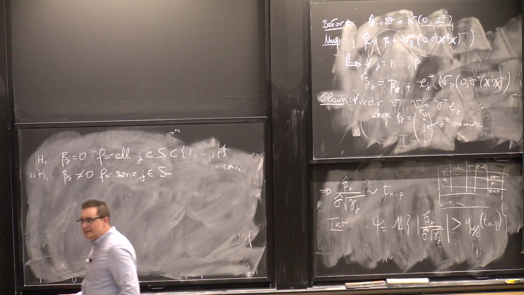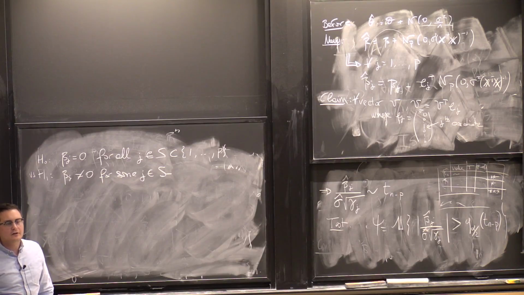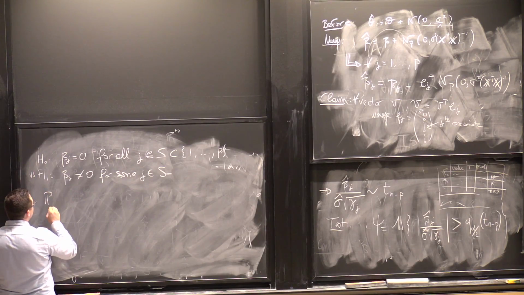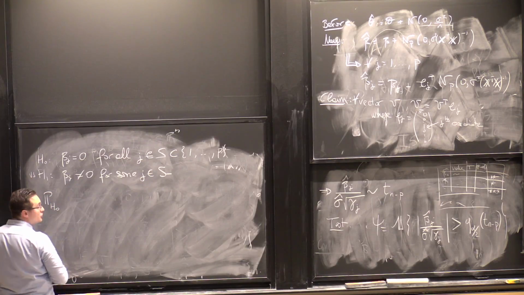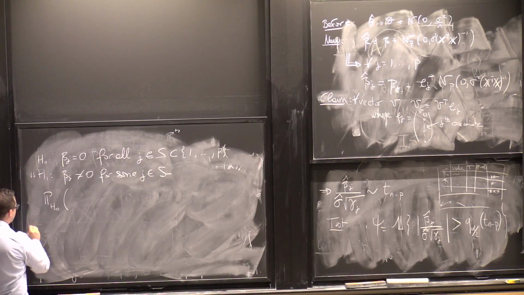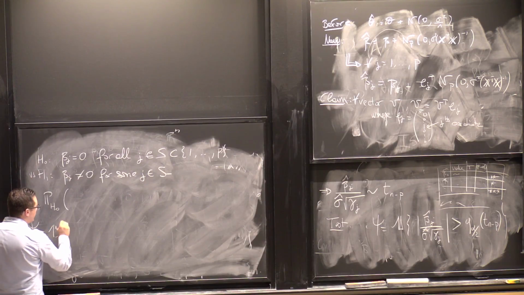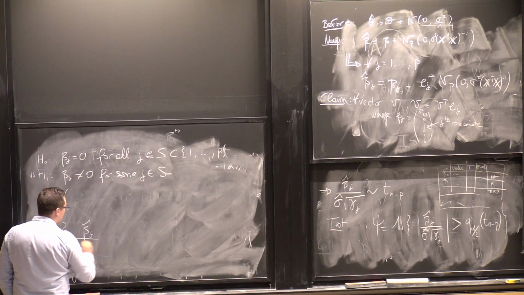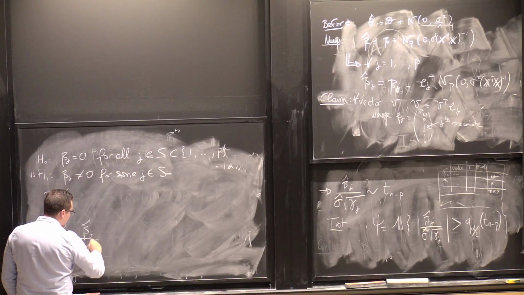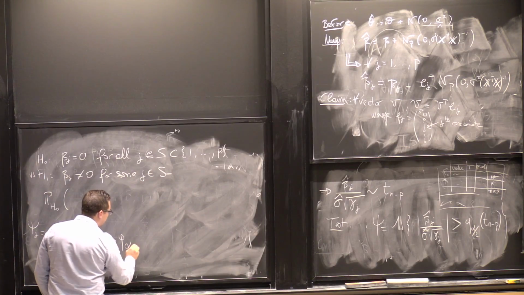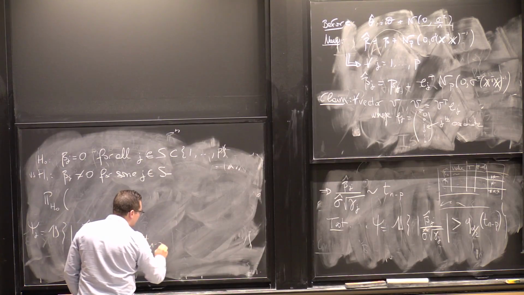So now let's look at what the probability of type 1 error looks like. So I want the probability of type 1 error. That's the probability, when H0 is true, that, well, let me call psi j the indicator that beta j hat over sigma hat square root gamma j exceeds q alpha over 2 of T n minus p.